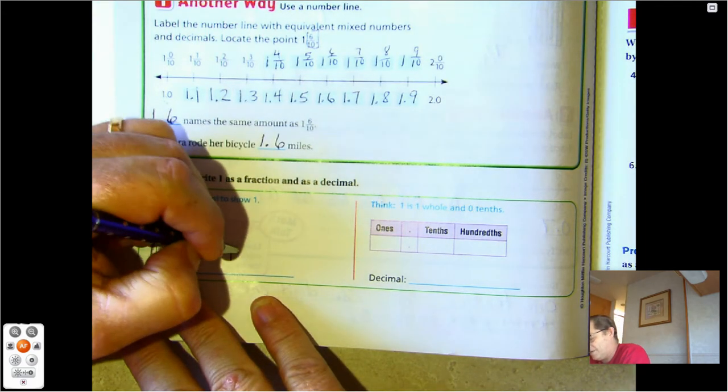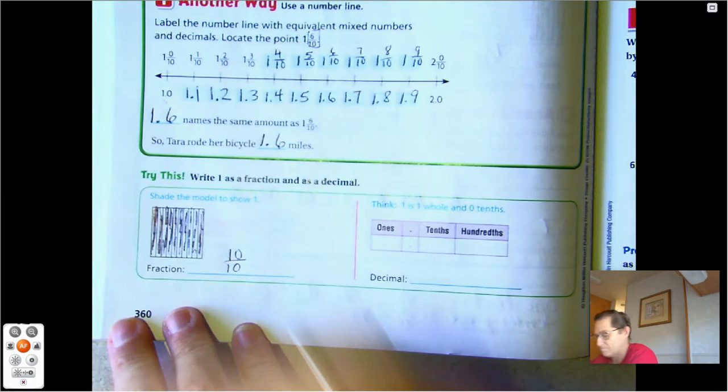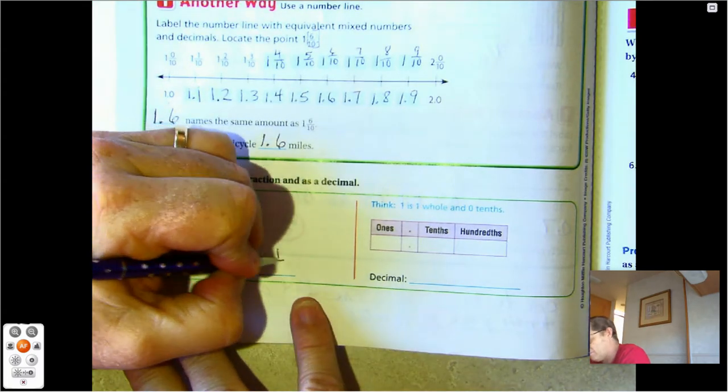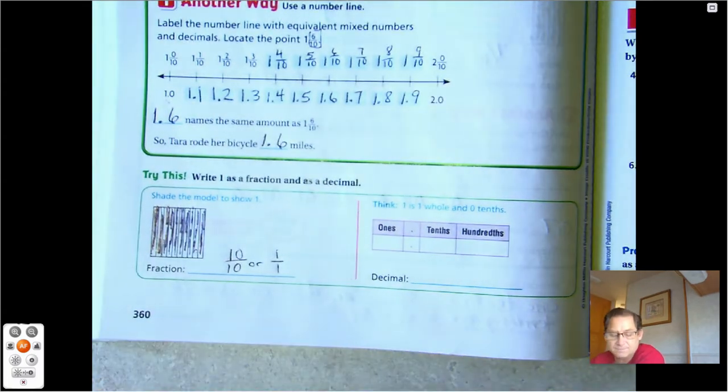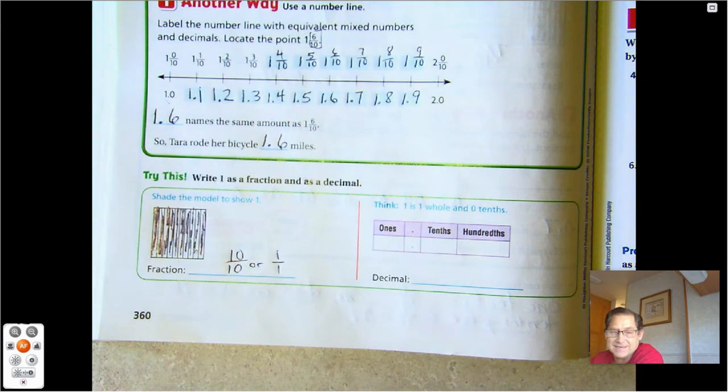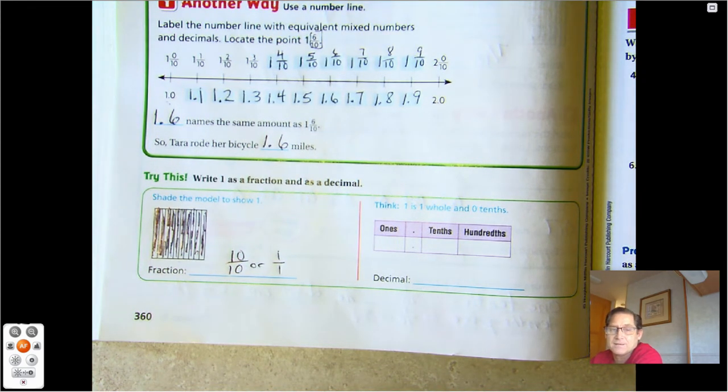So the fraction would be 10/10. Or we could also say 1 over 1. Okay, because 10 is a factor of both tens, right? It is always a common factor of the tens.